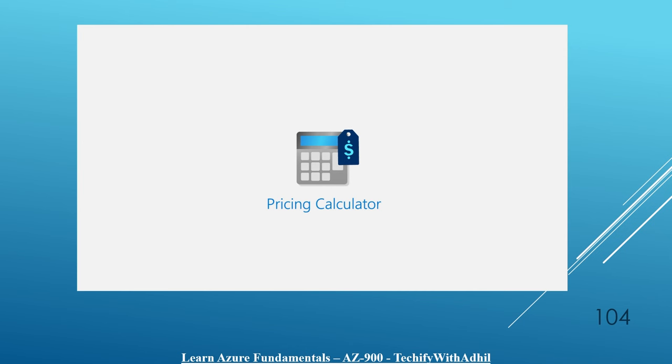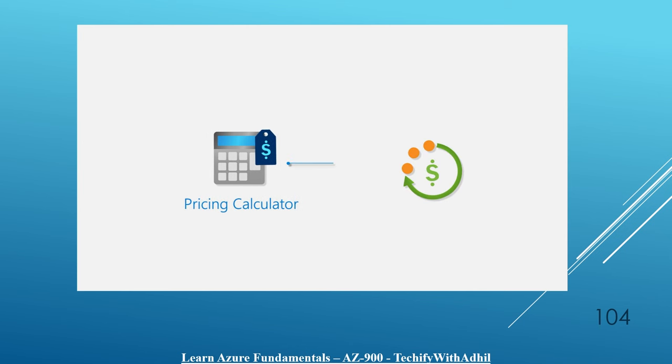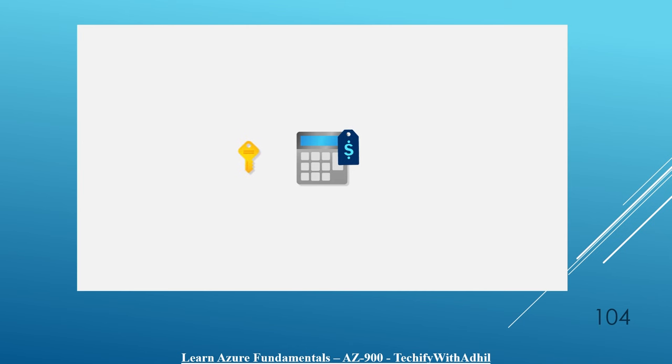The second useful tool is the pricing calculator, which can help you determine which Azure services best fit your budget. As you select your subscriptions, services, resources, and third-party solutions, you can add up your costs. You can make adjustments for regions, billing options, dev test pricing, and support options.